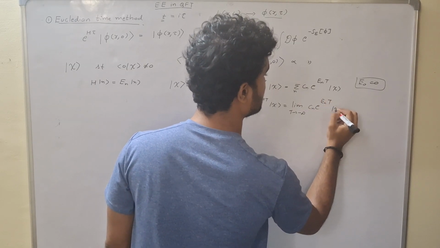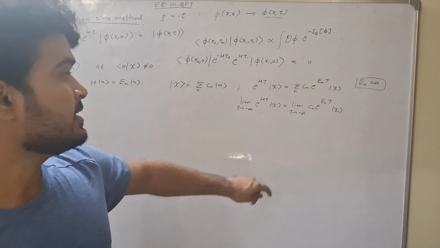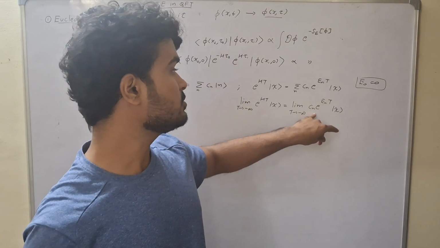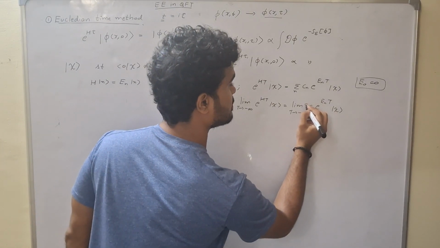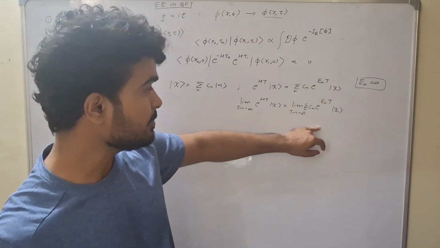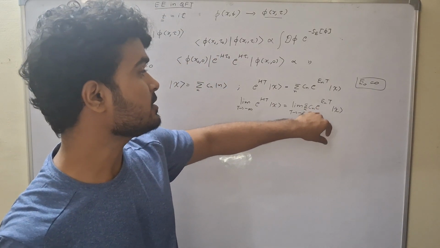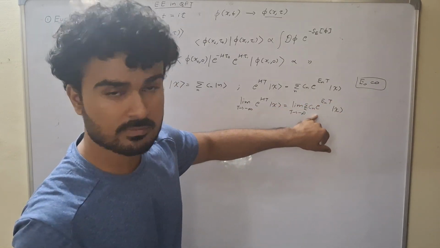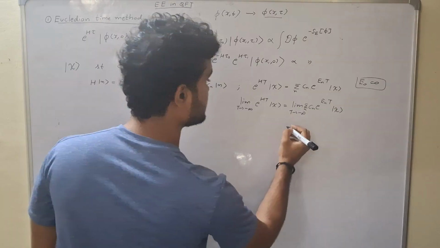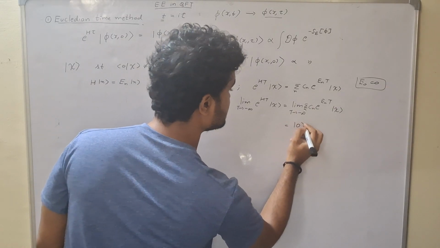Now in the limit t goes to minus infinity, for all values of n in this summation, this goes to 0 except for n equals 0, because E0 is 0 and this term will become 1. So only the ground state survives. So this is the ground state.